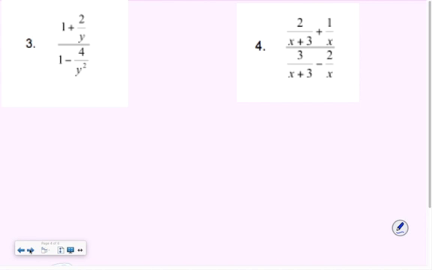Can I just cancel those ones out? No. Why? What's holding those ones with the other stuff? Parentheses. So just be careful. Our eyes kind of go to that and think we can do it, but we can't. So the LCD of the primary numerator is just y.